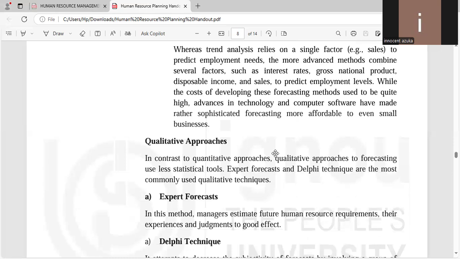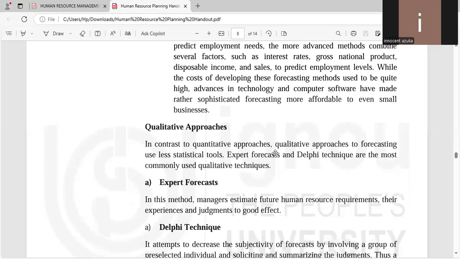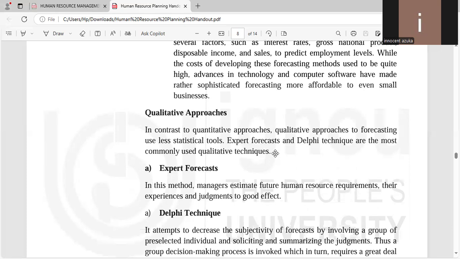Now let's look at the qualitative approach. The qualitative approach has to do with expert forecast. In contrast to the quantitative approach, qualitative forecasting uses less statistical tools.